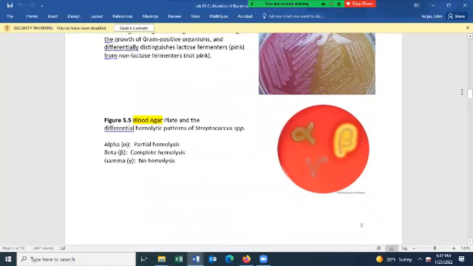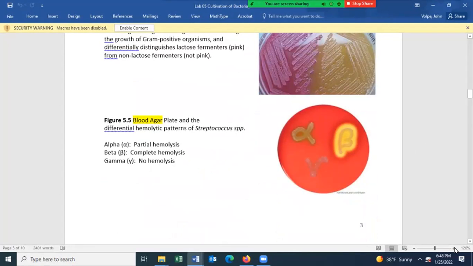We mentioned blood agar. It's an enriched general purpose media, and besides being enriched, it's also a differential media, in that you can differentiate cells growing on the blood agar by their hemolytic pattern. You can have cells which have gamma hemolysis, meaning no hemolysis.